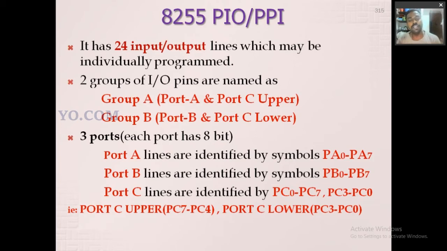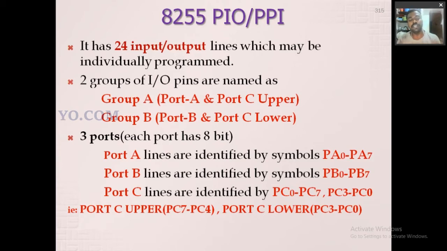Port C, lower and upper, is divided into 4-bit ports that are combined with port A and port B, called group A and group B. Three ports, each port has 8 bits. Port A lines are identified by symbols PA0 to PA7. Port B lines are PB0 to PB7.